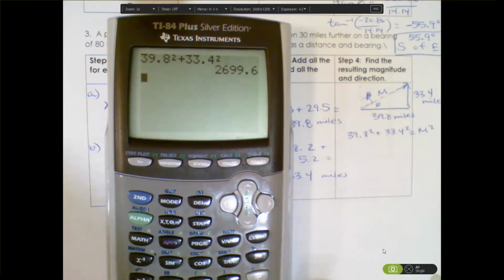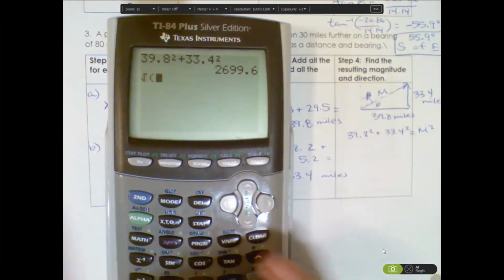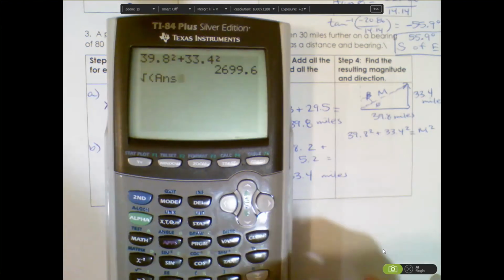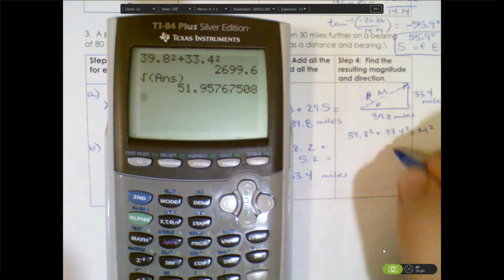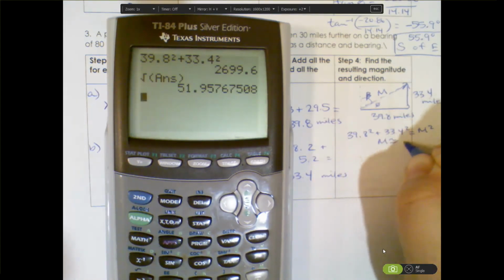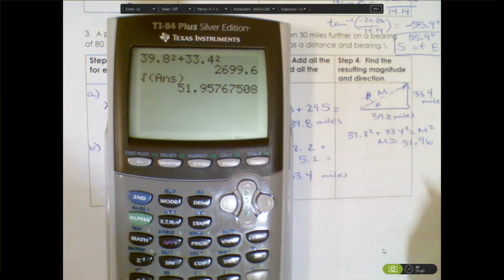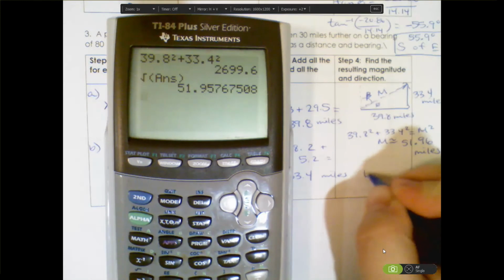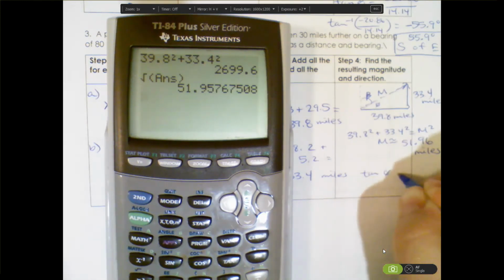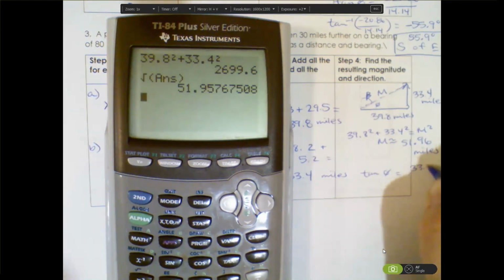Okay, square root that. So we have a magnitude of approximately 51.96 miles.